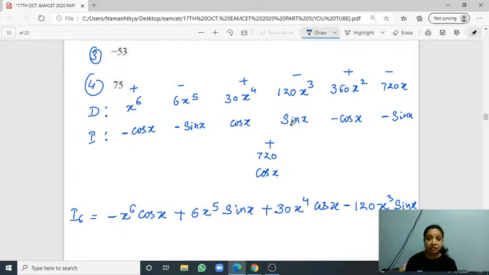If you are doing the integration by parts, how many times? 1, 2, 3. So it is almost 7 times you are supposed to do the integration by parts. And in that case, definitely you are going to make mistakes. That's why this is the shortcut way to do. Plus here we have minus sign. So minus 360 x square cos x, minus minus, so it will become plus 720 x sin x.